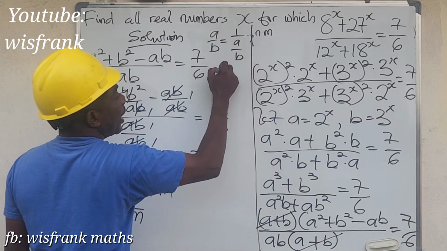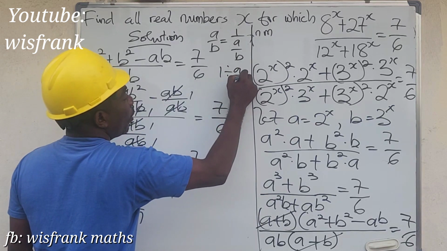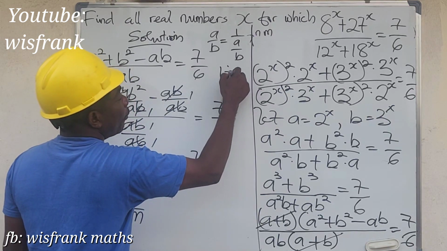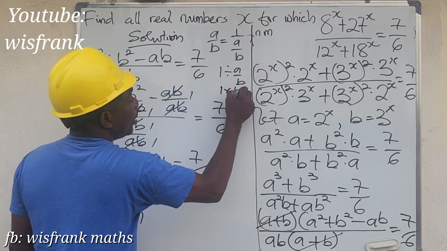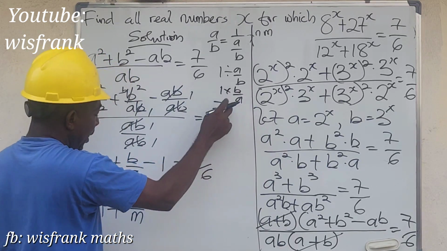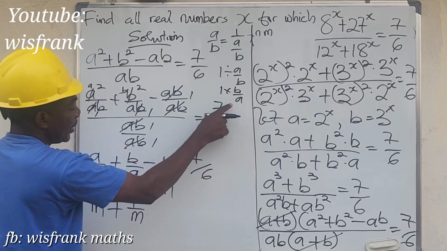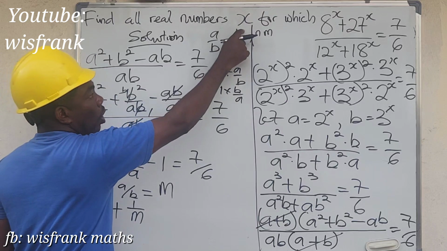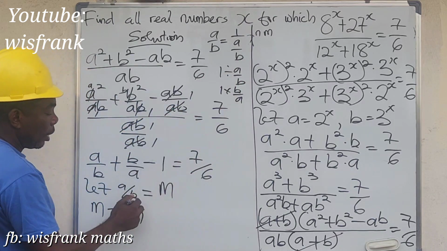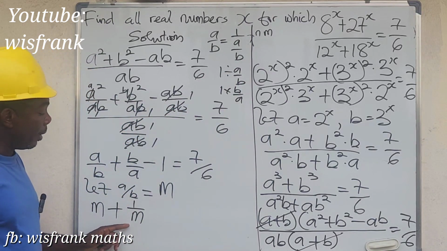Here before you put a multiplication sign, it's going to be 1 times b all over a. So here, you can see that this is the same thing as this one. So a all over b is the same thing as 1 all over a all over b. That's why we have 1 all over m.